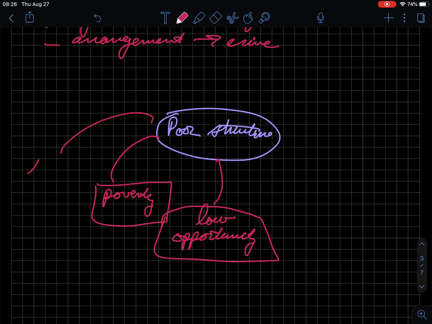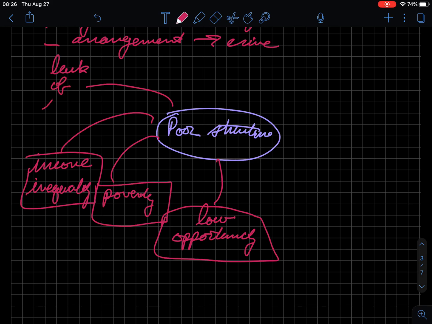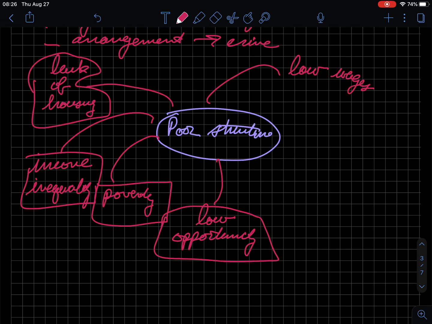Could also be a situation where there's income inequality. Lack of housing. Could be low wages. And things like this, right?